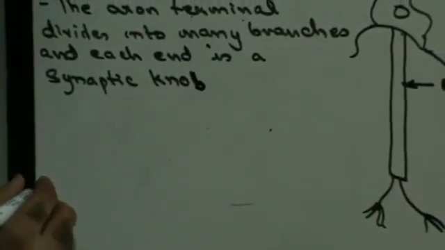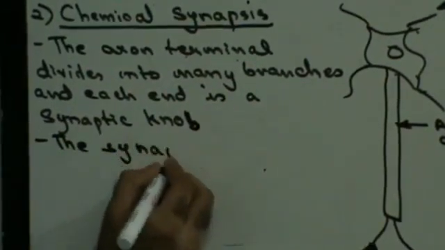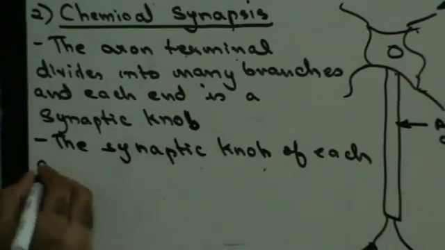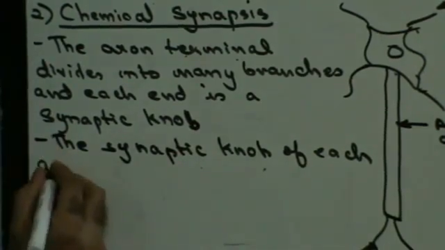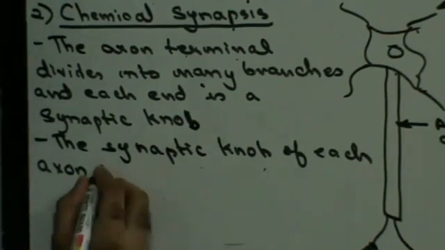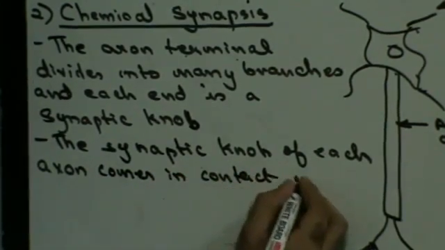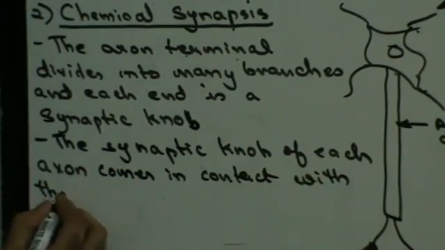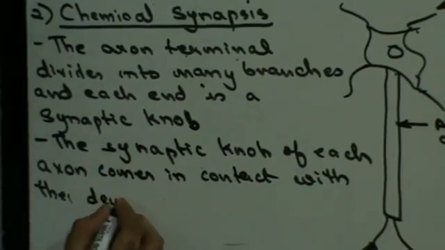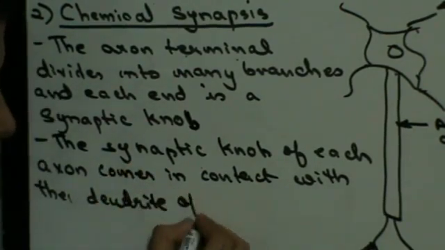The synaptic knob of each axon comes in contact with the dendrite of the next axon.